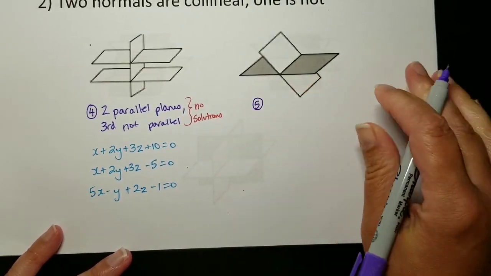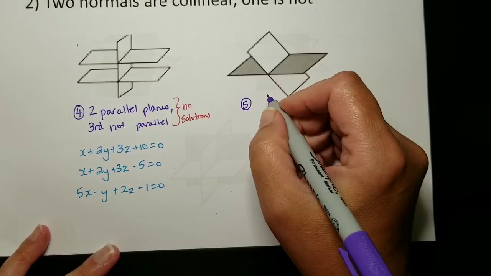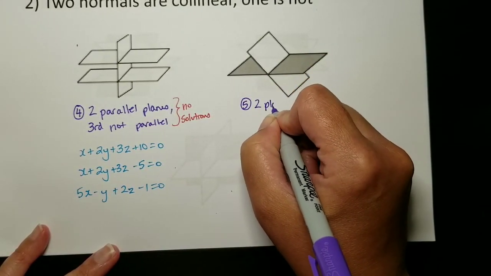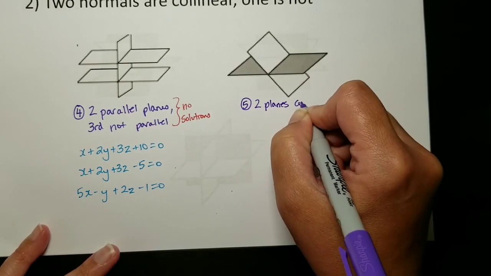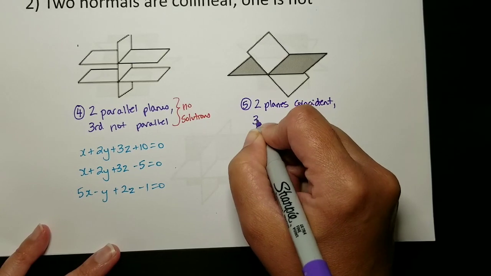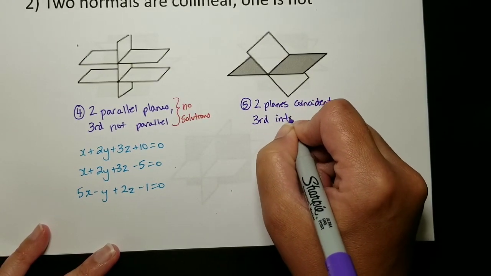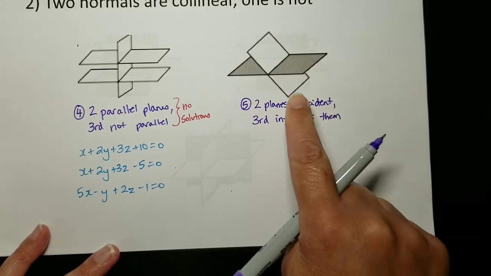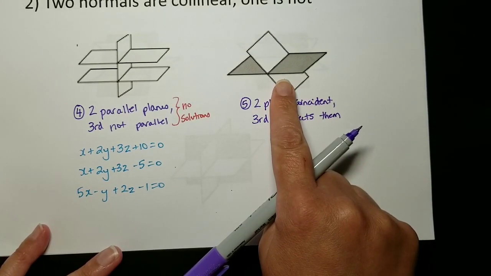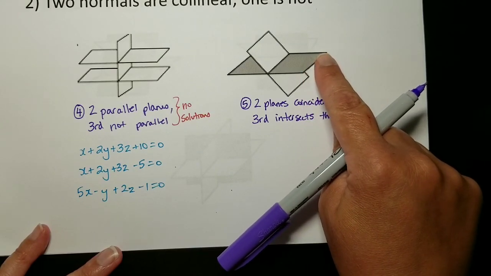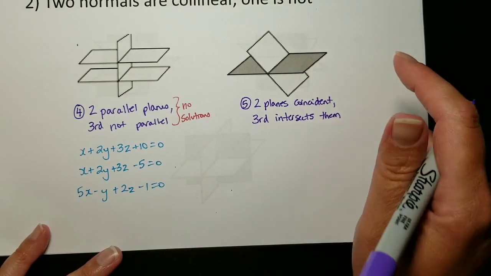is where two planes are coincident and the third passes through them. So this is really just the same as having the intersection of two planes. You have a third plane that's just the exact same as one of the other two.